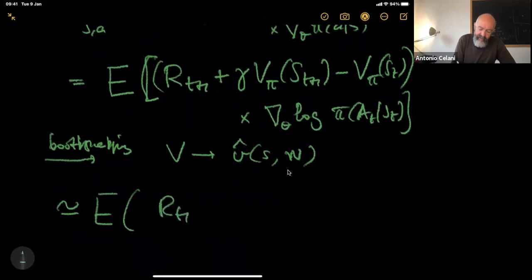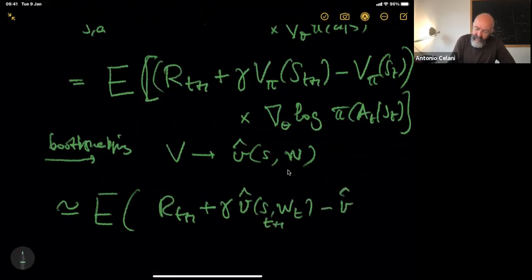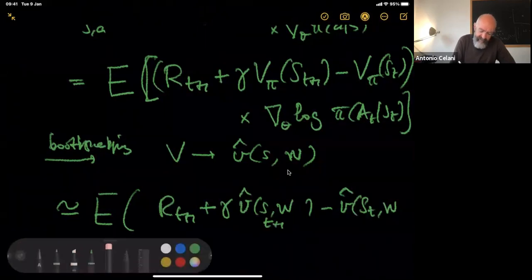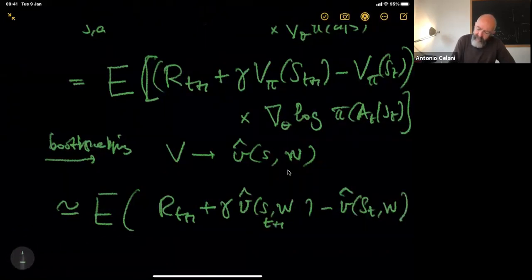Of R_{t+1} plus gamma, the approximation for the value at state S_{t+1} with parameters W_t, minus V of S_t. Let's just use W for the moment without the time index. All of this multiplied times my gradient theta of the log.